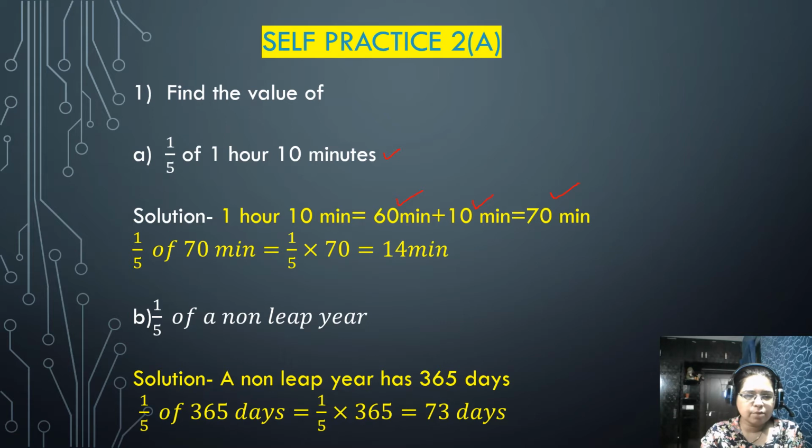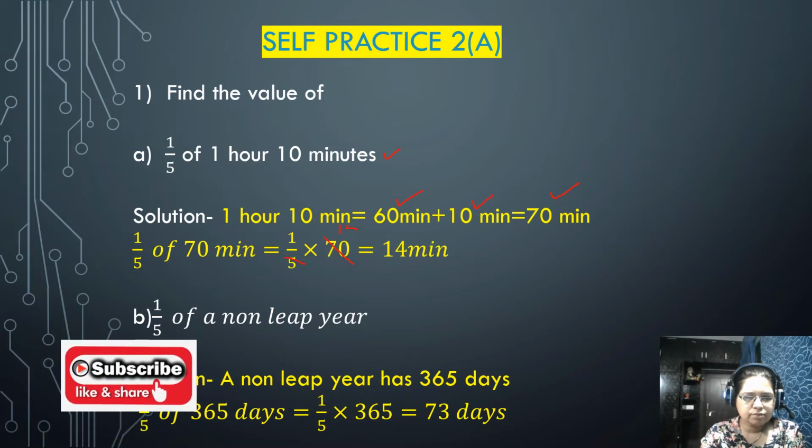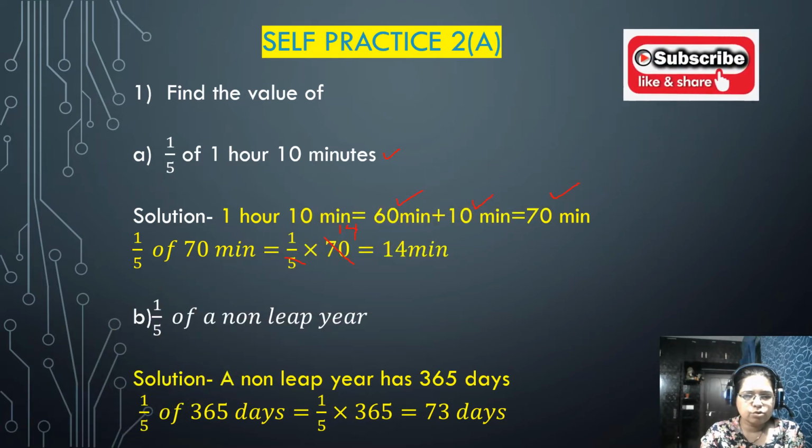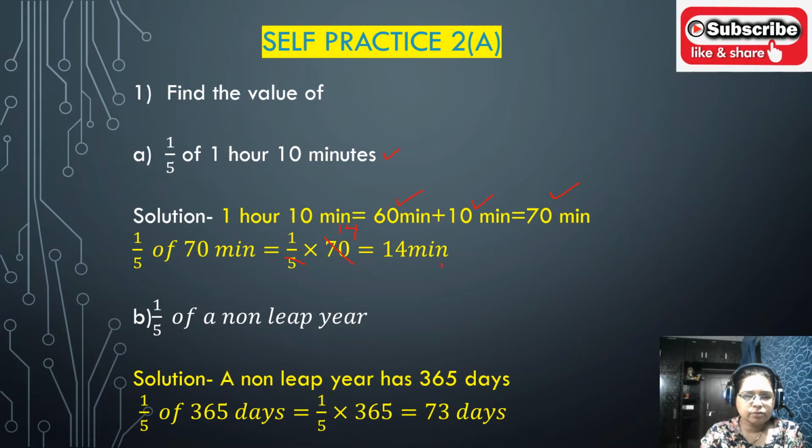So 1 by 5 multiplied by 70 minutes. 5 multiplied by 14 is 70, so we cancel the 5 with 70. 1 multiplied by 14 is 14. So 1 by 5 of 1 hour 10 minutes is 14 minutes.